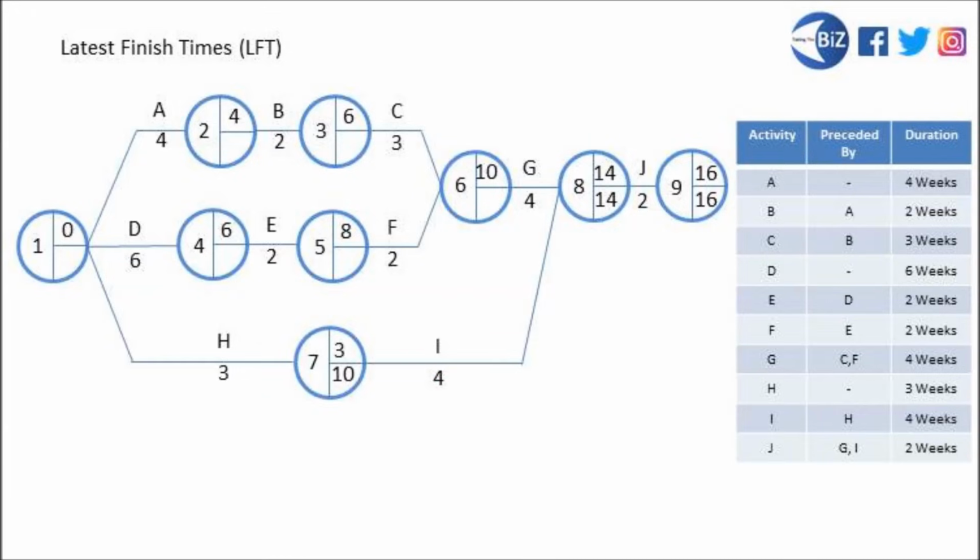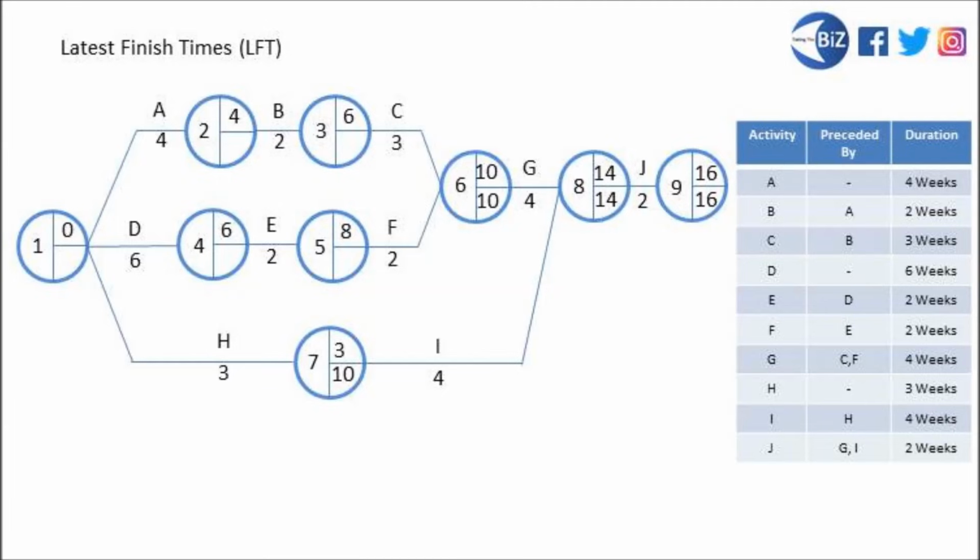If we jump into node 6, we can do the latest finish times in that node for activity C and for activity F as well. So the way we're going to do that is we're going to take the 14-week latest finish time that's written in node 8. We're going to deduct the 4-week duration of activity G, and that gives us 10 weeks, which is the latest finish time for C and F.